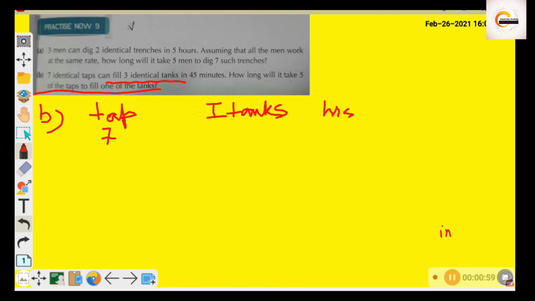Okay, this is the step 1. 7 identical taps can fill 3 identical tanks in 45 minutes. How long will it take 5 of the taps to fill one of the tank? So in the step number 1, where 3 variables are involved, we will keep one variable constant. So we have to find out 5 of the taps to fill one tank.